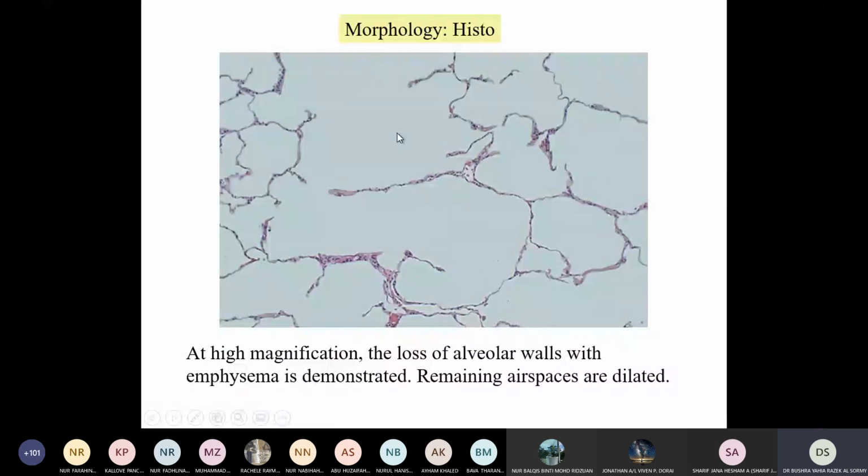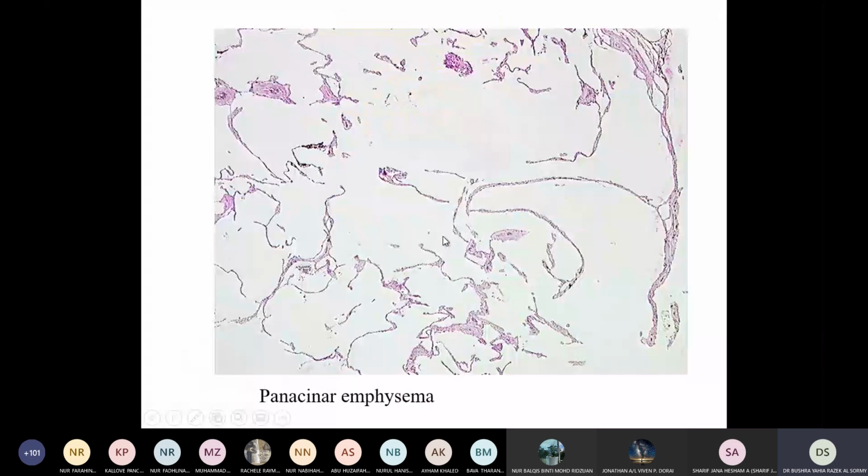Okay, so we call it loss of the alveolar wall with emphysema demonstrated. Remaining airspaces are dilated. Okay, you can see here this panacinar, where most of the alveolar walls are destroyed and dilated.